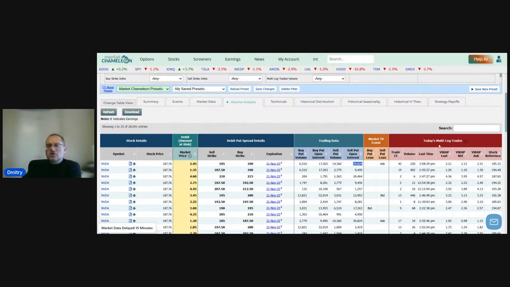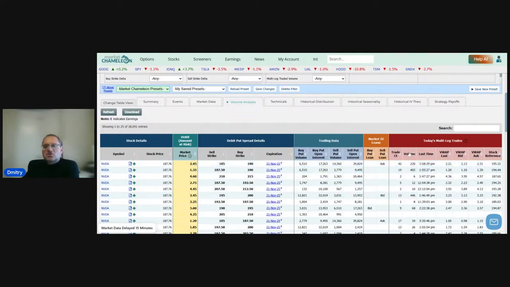But all the way over here, this shows us the trading on the day in the multi-leg trades. In the multi-leg trades, we detect them and find that there are these bearish put spreads in these particular expirations and strikes.